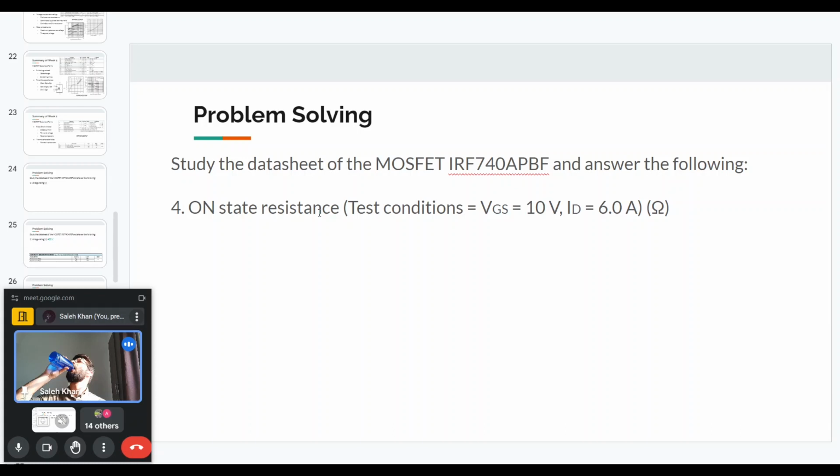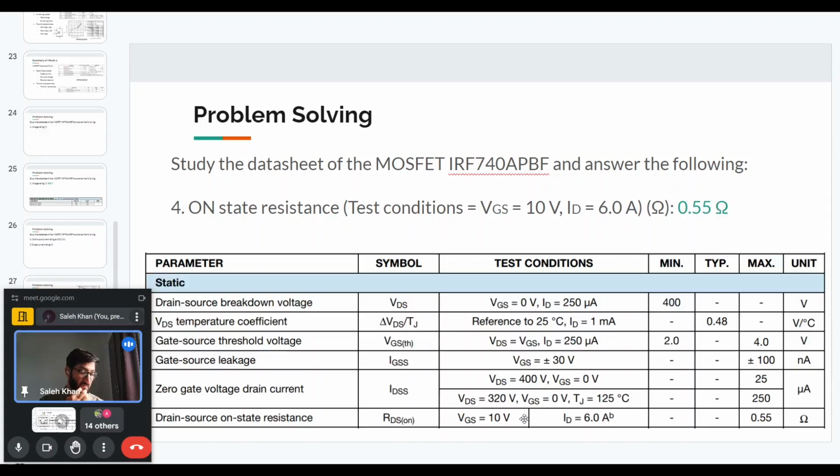So this is almost 550 milliohm. As I mentioned, this will change based on the temperature, the VGS voltage and the drain current as well. But we are asked for a particular test condition which is given in the data sheet. So the answer will be 0.55.